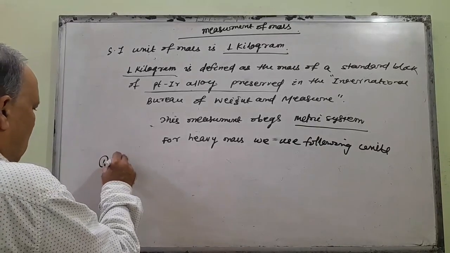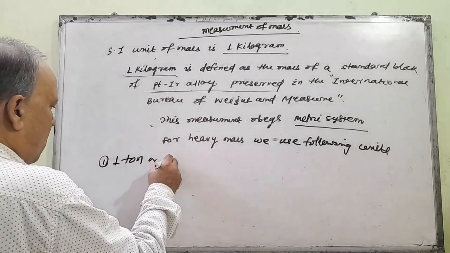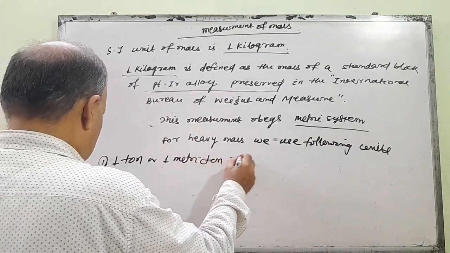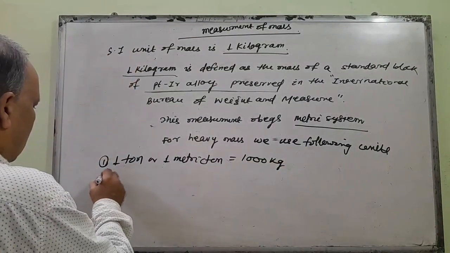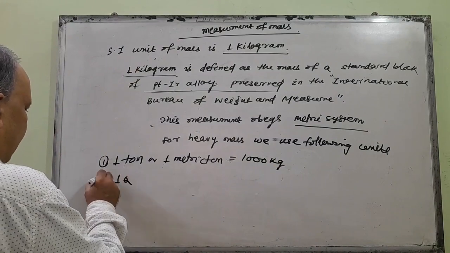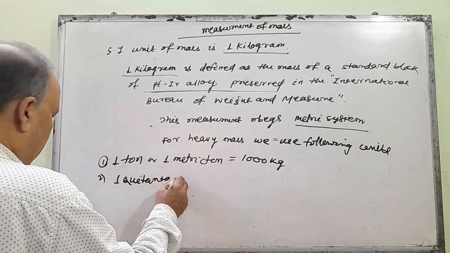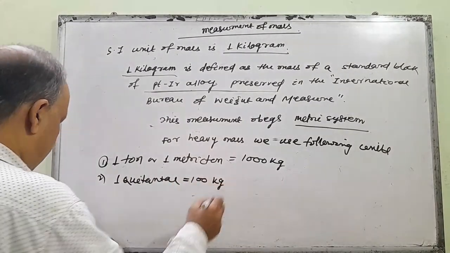First one is 1 ton or 1 metric ton. 1 metric ton is equal to 1000 kg. Second, 1 quintal, which is equal to 100 kg.